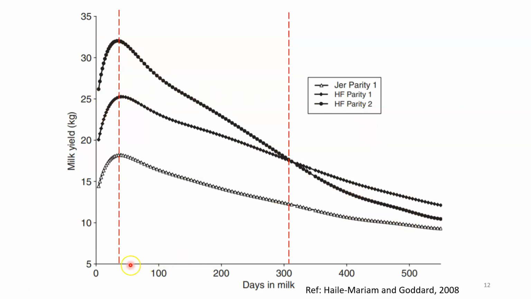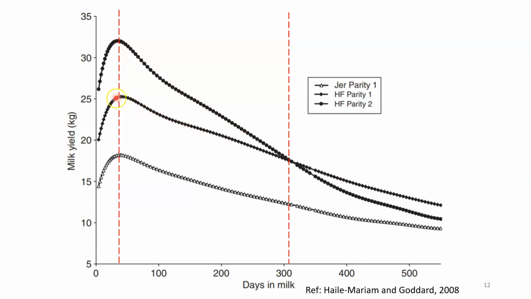Like I said earlier, it depends on the breed, the management system, the country, the climate, how much you let them eat, how soon or late you achieve peak and how long the peak lasts, and how much the decline is. You can appreciate that the decline here is much faster than the decline here.